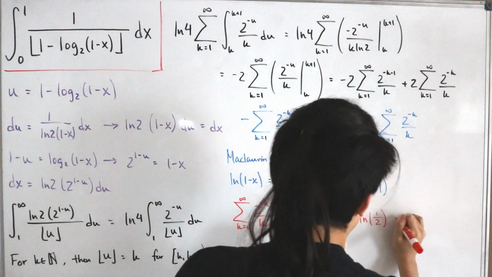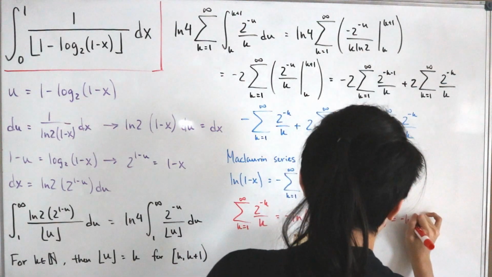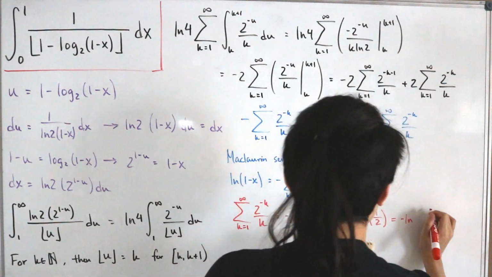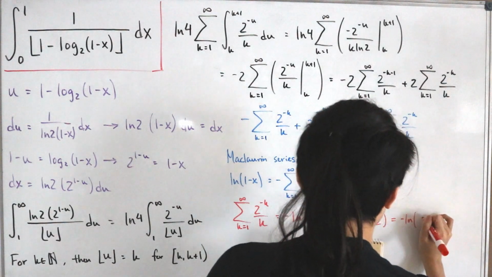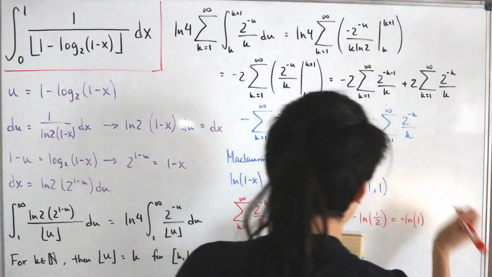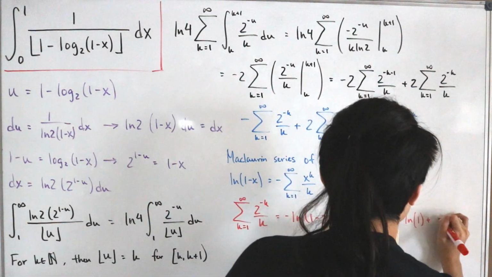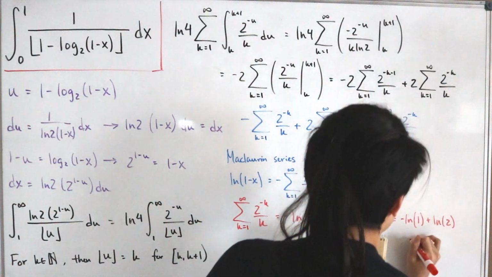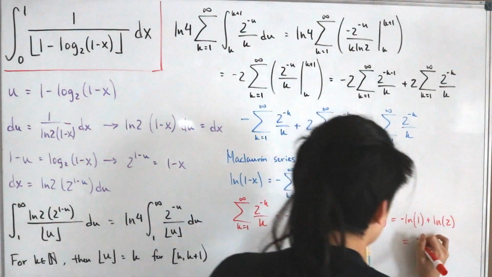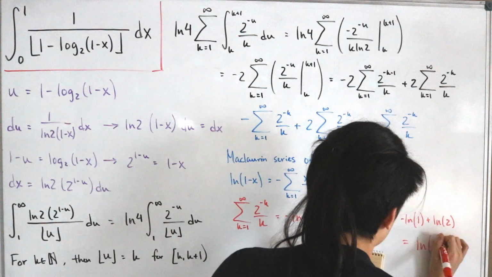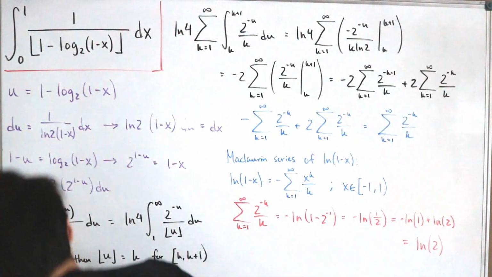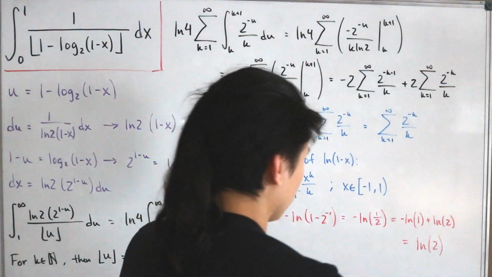Then you can write this in terms of the natural log properties with division. So this is subtraction, negative of natural log, so ln of 1 minus, and then minus, so that'll be a plus ln of 2. And therefore, ln of 1 is just 0. And so our final answer of this integral is going to equal just the natural log of 2.